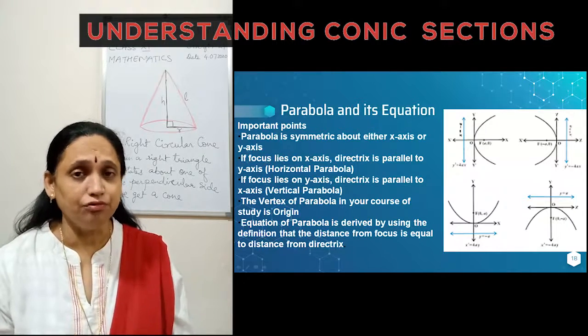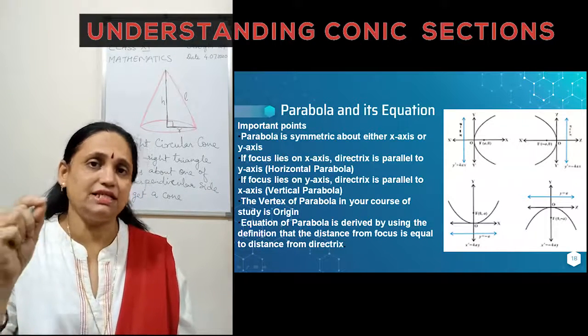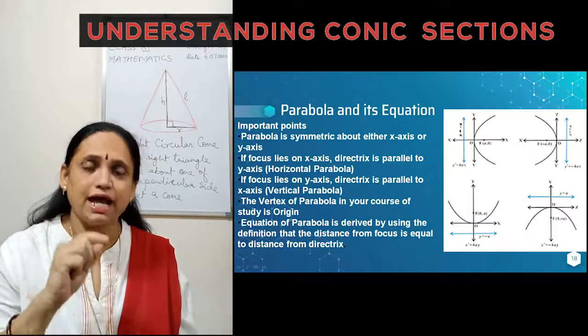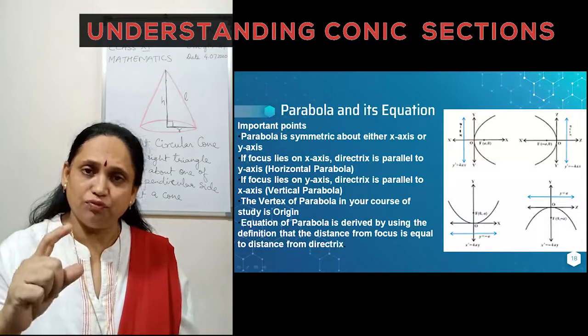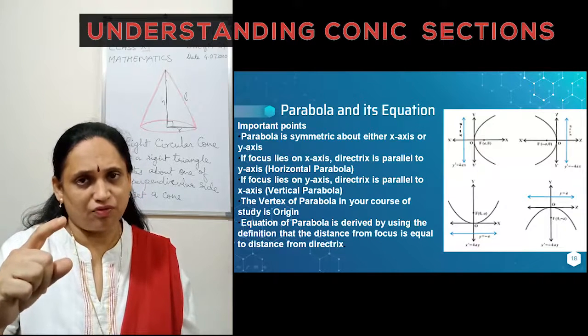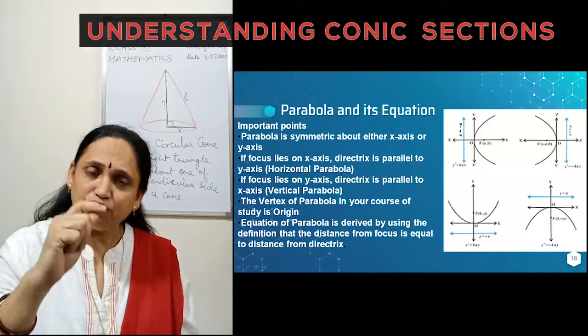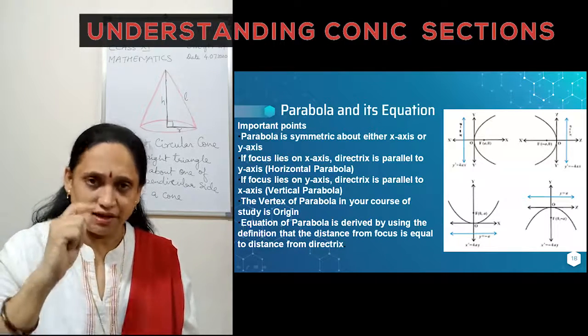And what was that rule? That every point on the parabola is at equal distance from the focus and the directrix. So we will use the distance formula from the focus to the point on the parabola, that is (x, y), and we find the perpendicular distance of the point from the directrix.